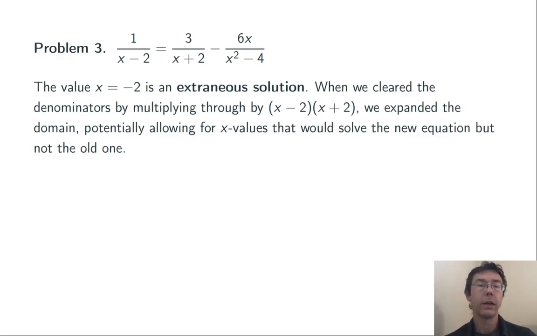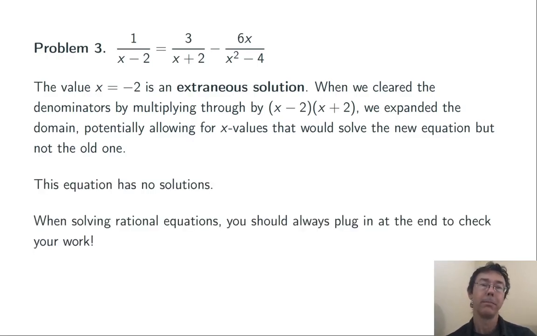When we cleared out the denominators by multiplying everything by x minus 2 times x plus 2, we expanded the domain of our equation, potentially allowing for x values that would solve the new equation, but not the original one. x equals negative 2 is in that category. It solved the polynomial equation that we got after clearing denominators, but does not work in the original problem.